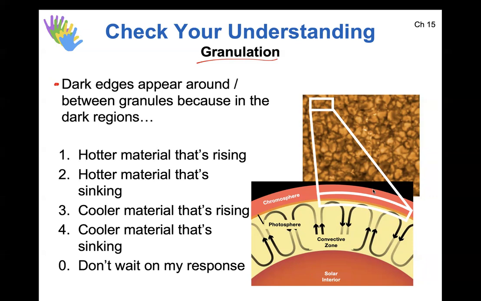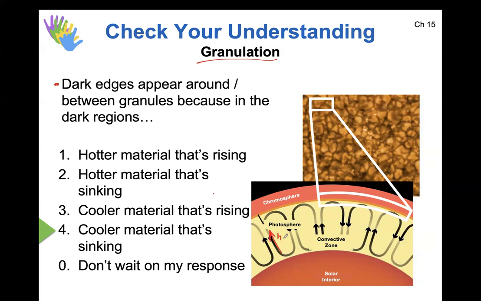Okay, we got a hotter material that's sinking, cooler material that's rising. Hotter material that's sinking. Are you sure? Because hot material wouldn't sink. Remember, convection involves hot things rising. With convection, it's hot that rises.